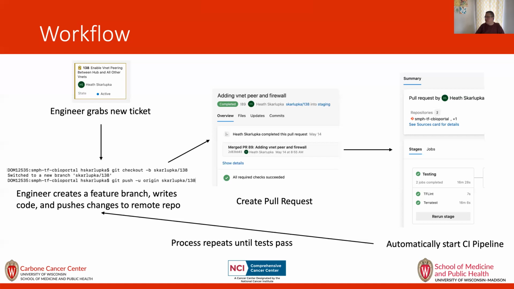And then the second test that we run is TerraTest. And TerraTest is a piece of Go software that allows you to deploy your Terraform code in a development environment. It builds out the resources, and then you can run tests against that.